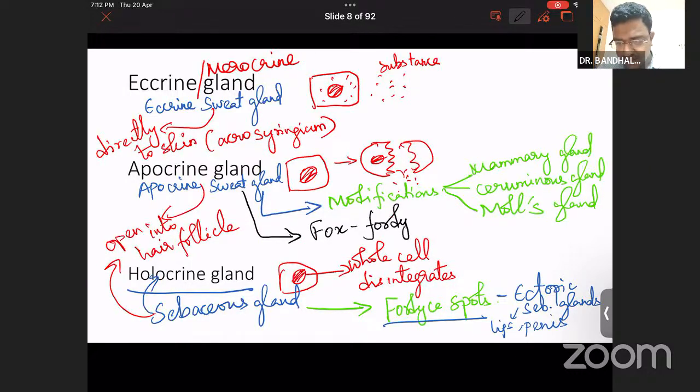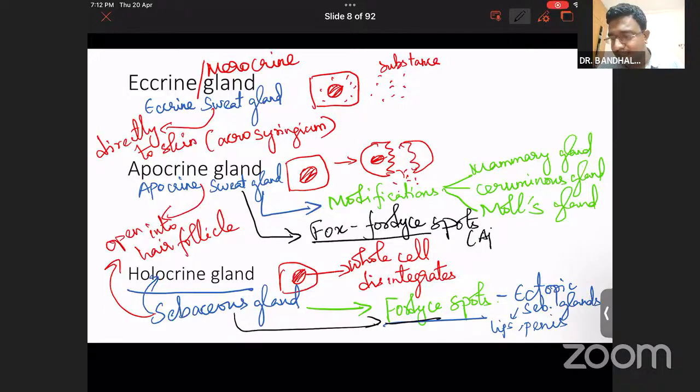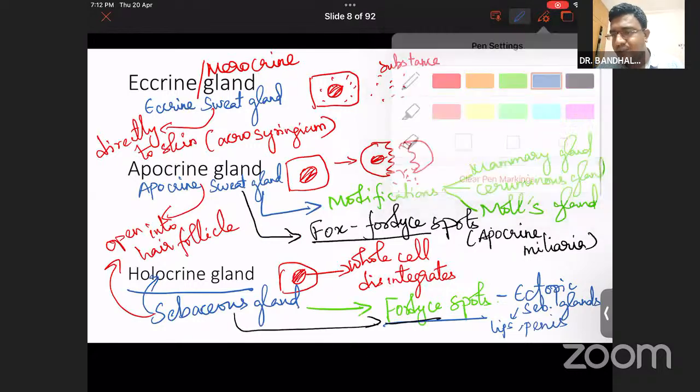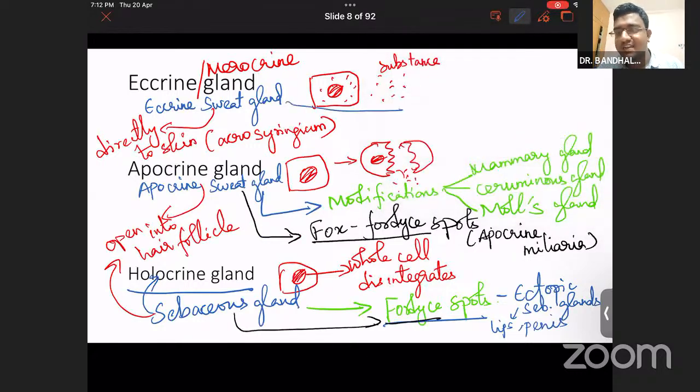Fordyce spots are of sebaceous glands. Fox-Fordyce is apocrine in origin, which is basically apocrine miliaria. The normal prickly heat we have is eccrine in origin, that is eccrine miliaria.